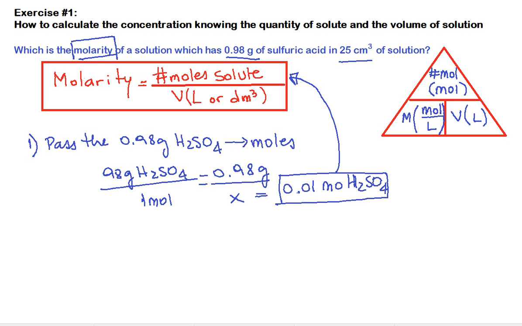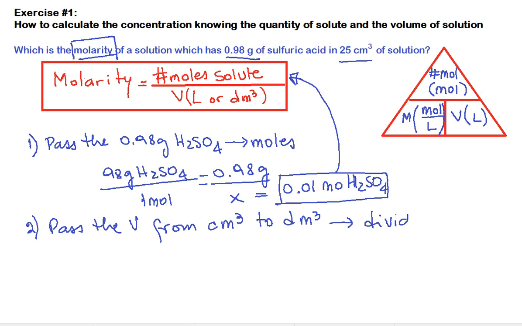Now we need to second pass the volume from centimeters cube or milliliters to decimeter cube. And we know that for that we have to divide by 1000, because every 1000 centimeters cube will have 1 decimeter cube.